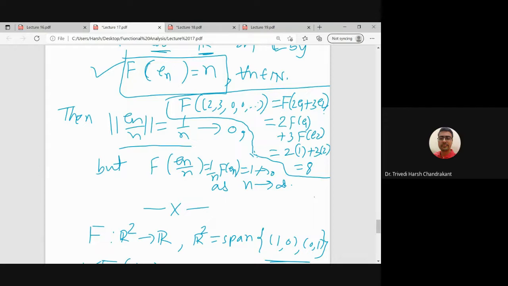So we have a sequence which converges to 0, but when we apply the function on that sequence, we are getting a constant, non-zero term. So this is a constant sequence 1, 1, 1, 1 in the codomain, and it in fact converges to 1, so it cannot converge to 0. So therefore f is not continuous.